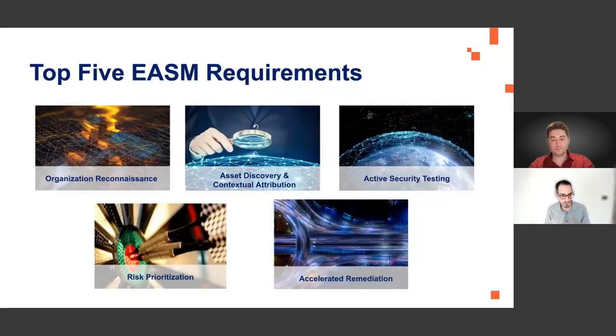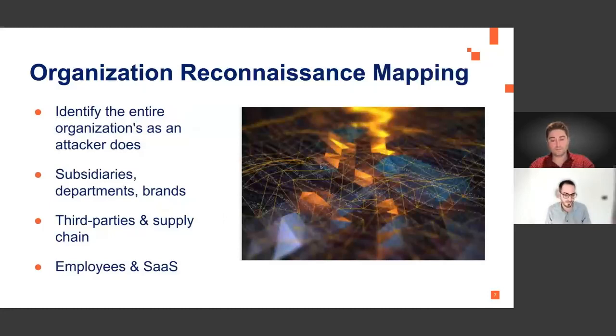So what are these requirements? Why does this make sense? Requirement number 1, organization mapping. So the idea here is, if I don't know my org structure well, including even things like brands and services, there is literally no logical way I can find my whole attack surface.